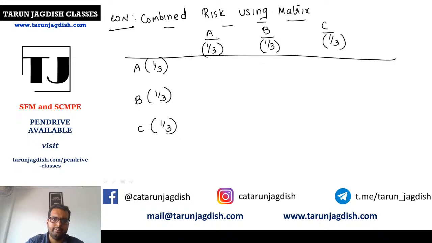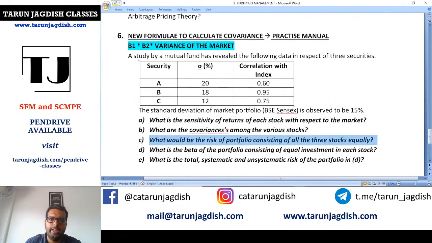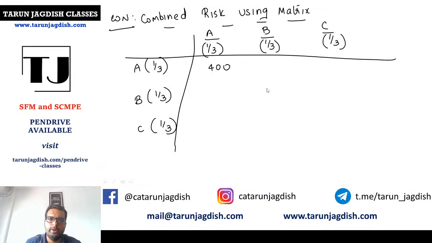Alright. So as I mentioned earlier, AA is variance of A, AB is covariance AB, AC is covariance AC, etc. So AA will be 400, that is 20 square. BB will be 18 square, that is 324. CC will be 12 square, 144.